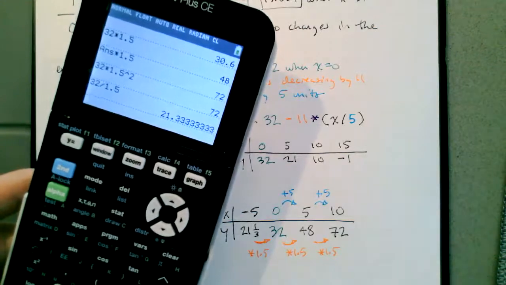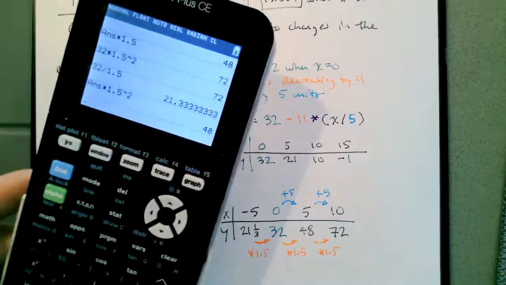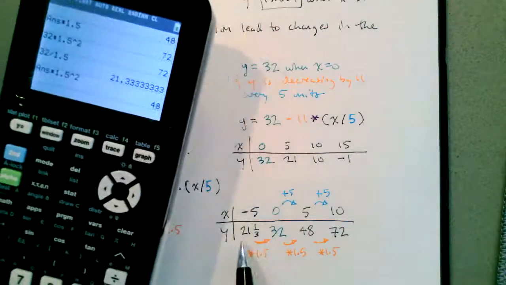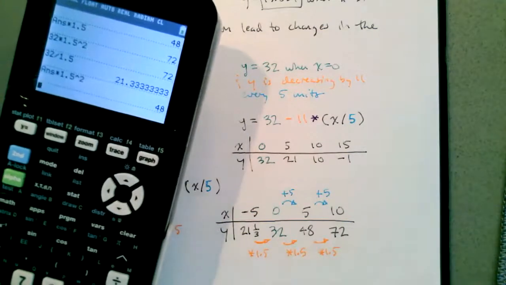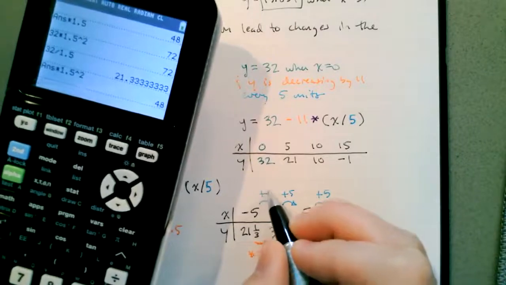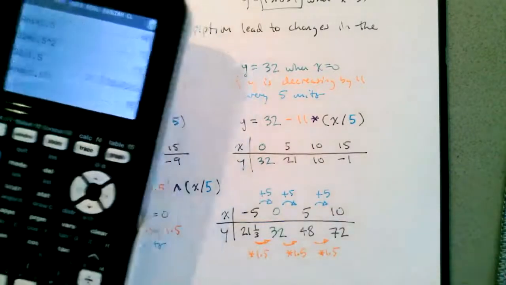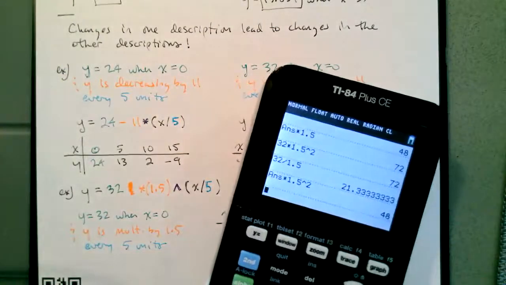Notice if I take 21 and a third and multiply by 1.5 twice, I'm at 48, because 21 and a third times 1.5 once is 32, 1.5 again is 48. This whole time I'm maintaining a step size of 5. And these are the values I would get if I plug these numbers into my original equation.